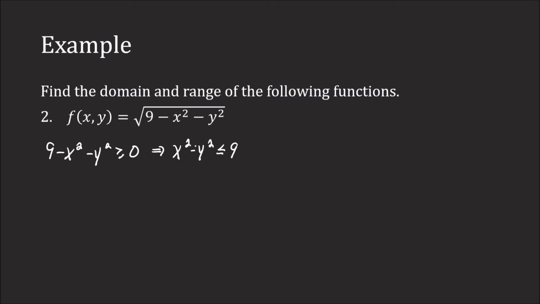So the domain is the set of all ordered pairs x y such that x squared plus y squared is less than or equal to 9, where both x and y are real numbers.